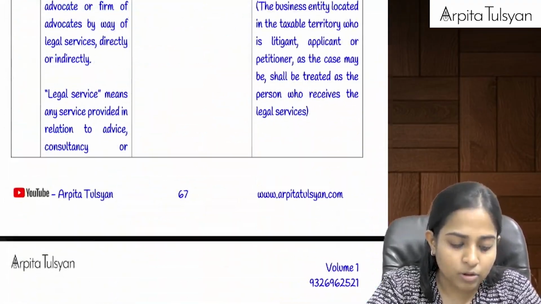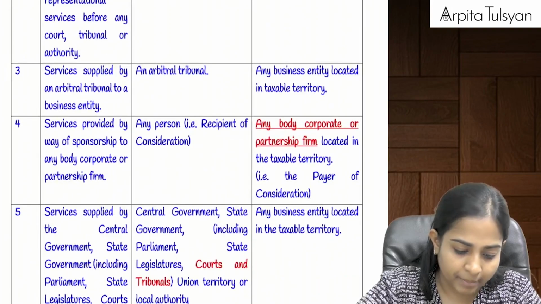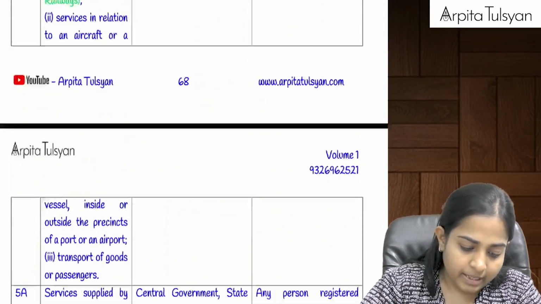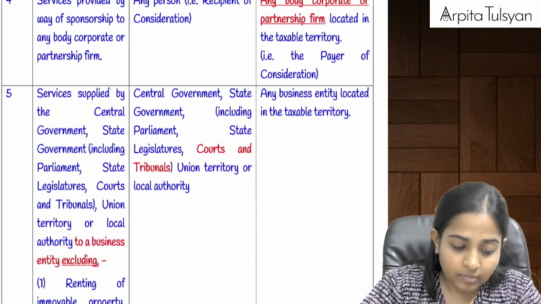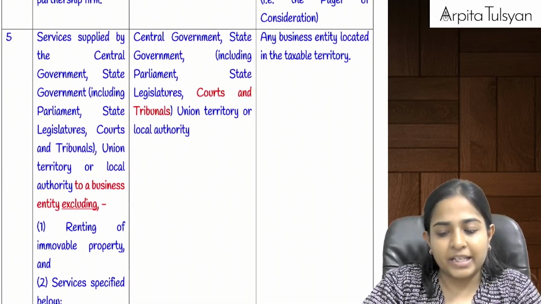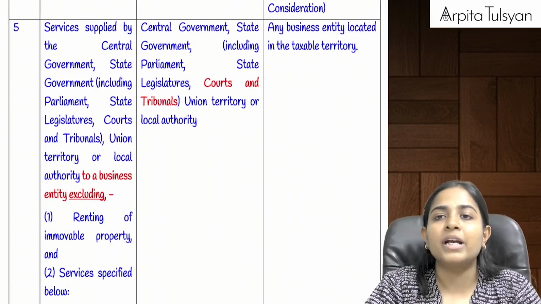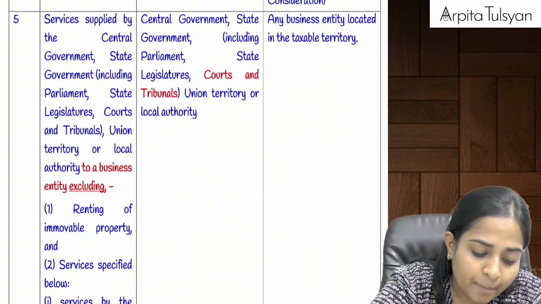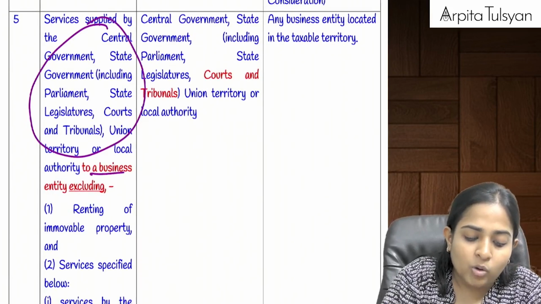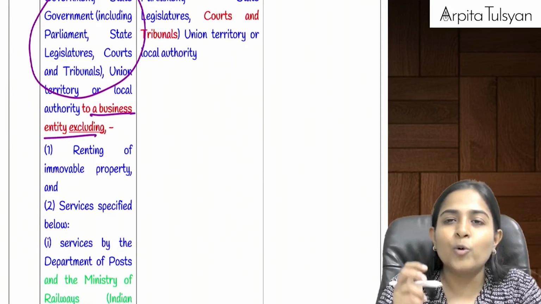In services also, there are 1 or 2 amendments which are coming up here. See here. Do you recollect this point? Services supplied by government. The amendment is very, very small, and a corresponding amendment is going to come in the exemption chapter also. Now, services supplied by government to a business entity, excluding those services.